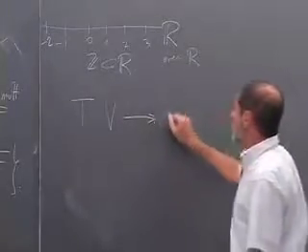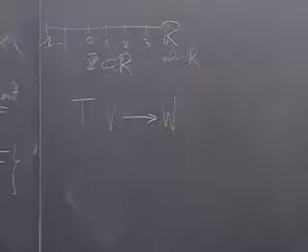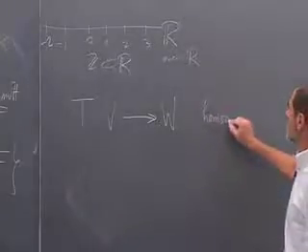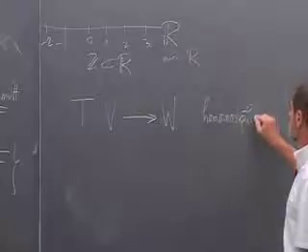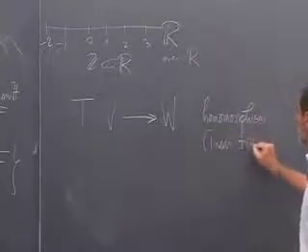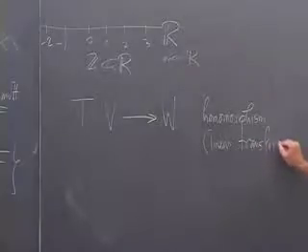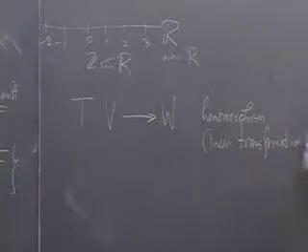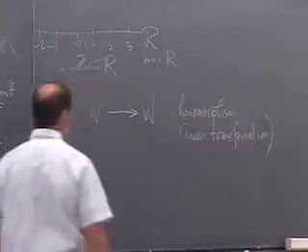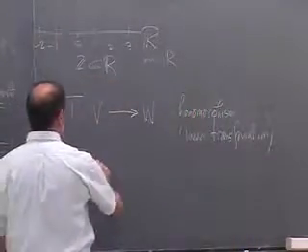So if I have a map between two vector spaces, we say it's a homomorphism or a linear transformation in the old. It's a homomorphism provided, first of all, it's a group homomorphism.